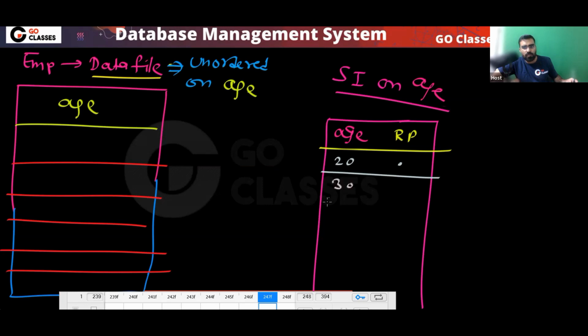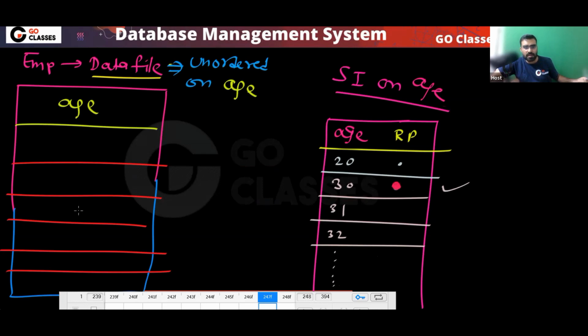But now most of the people have age above 30. First of all, you will have to access the index block. So one block access is already done.